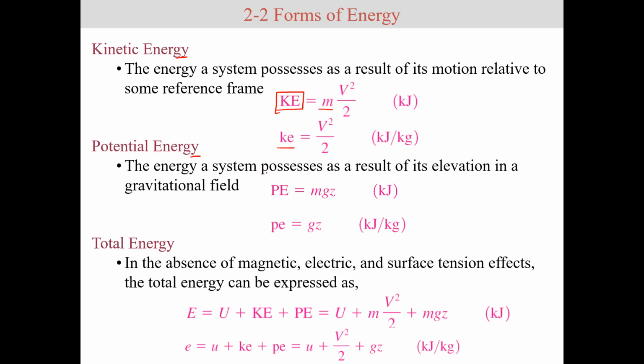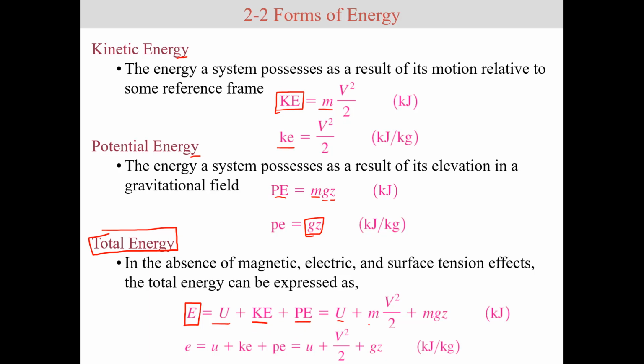Next is potential energy. The energy a system possesses as a result of its elevation. So if I have an object or system that's, for example, a box, and my box is 10 meters high, that mgh or mgz would be the potential energy. If I divide through by mass, I get it in terms of specific energy. So the total energy of a system, E, would be a sum total of the internal energy plus the kinetic energy plus the potential energy of a system.